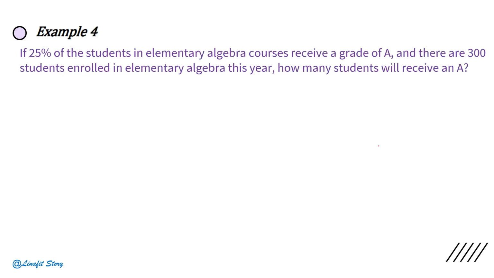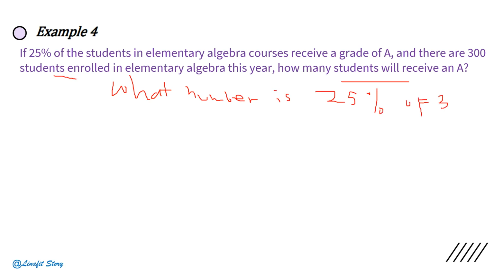Example 4. If 25% of the students in elementary algebra courses receive a grade of A, and there are 300 students enrolled in elementary algebra this year, how many students will receive an A? We can restate the problem as: what number is 25% of 300?